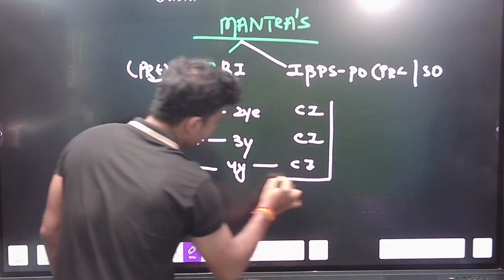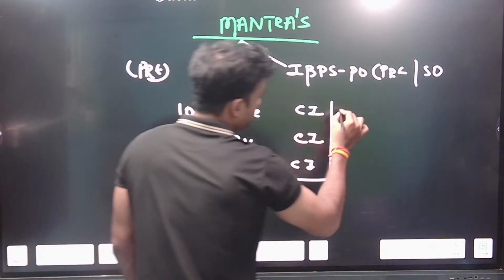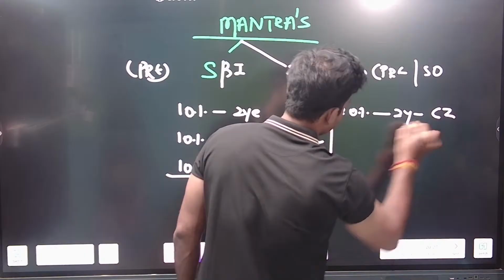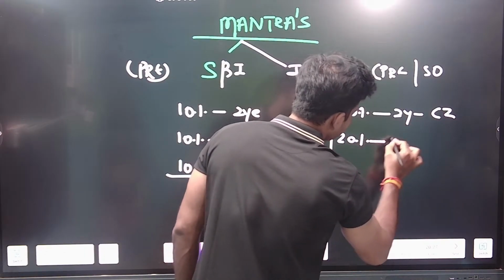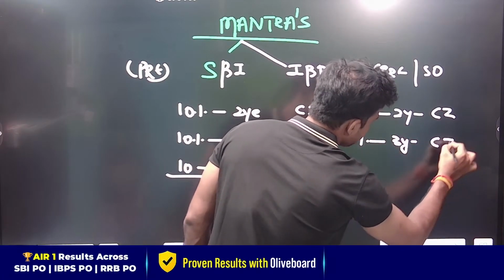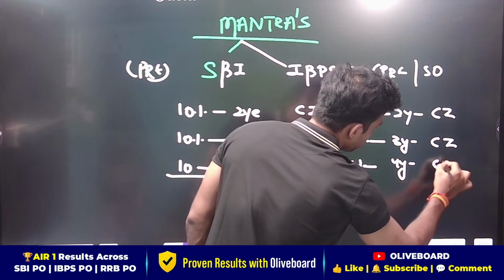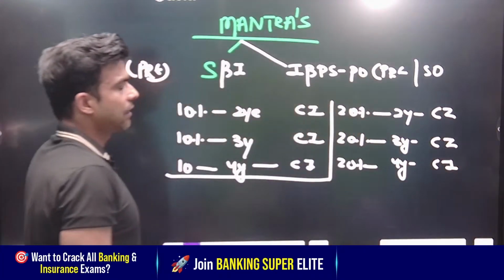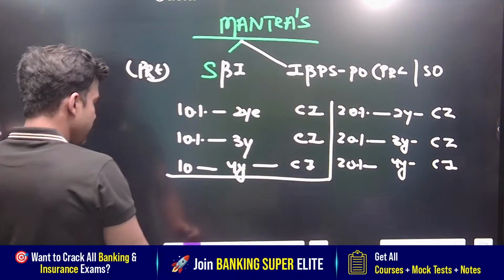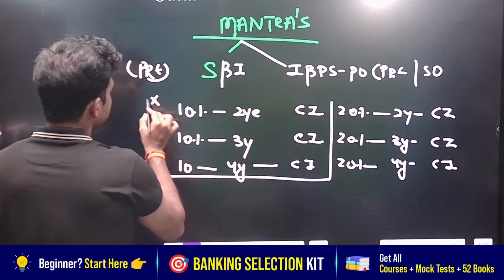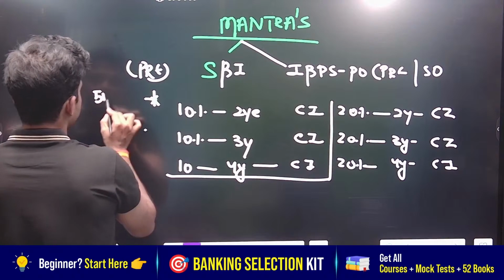Only this much. 20% 2-year, please learn. 20% 3-year, please learn. 20% 4-year CI, please calculate and learn. These are the compound interests with respect to the years I have seen in the last 5 years.